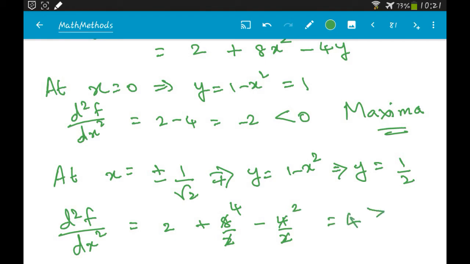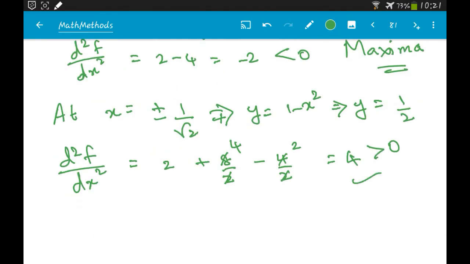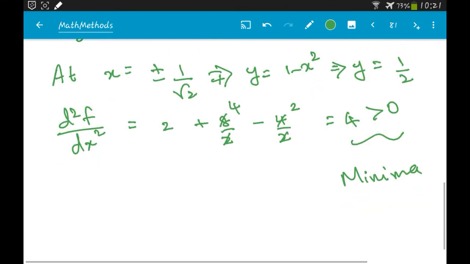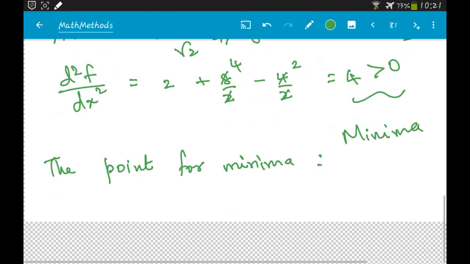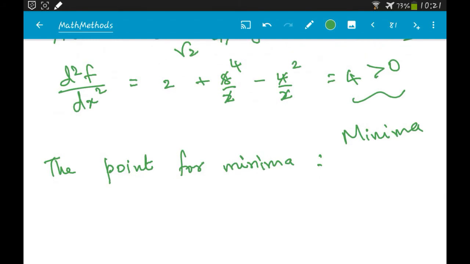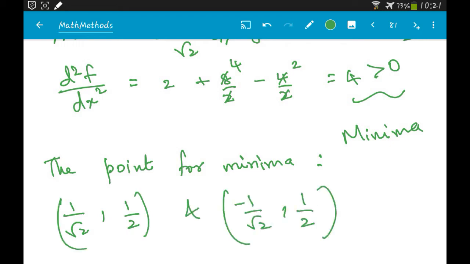So you'll get 4, which is greater than 0. So this will be minima. So the points for minima will be 1 by root 2, half and minus 1 by root 2, half, right? So we get the same answer. Alright.